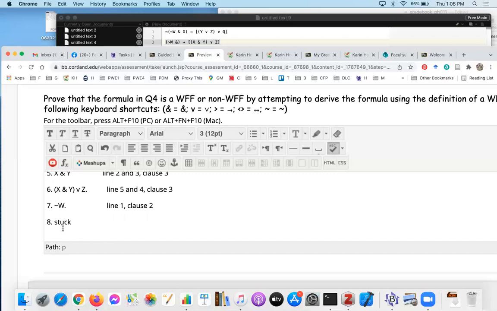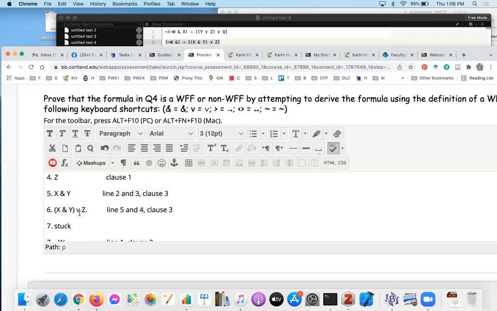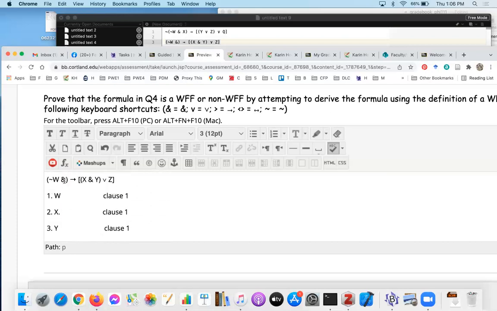Now, suppose you had said stuck at line 7. Suppose you'd said, I'm stuck here because I can build X and Y, wedge Z, no problem, but I can't build not W ampersand. So I'm done.